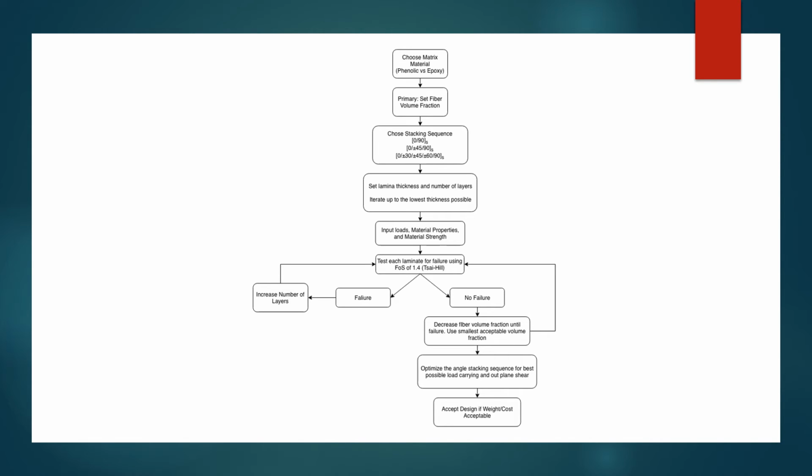Then we iterated again through failures and just increased the number of layers. If there's no failure, we decrease the fiber volume fraction until failure, and so we reached the smallest fiber volume fraction possible. This was just done to minimize weight and cost. And then finally, we optimized the angle stacking sequence for best possible load carrying and out-of-plane shear.